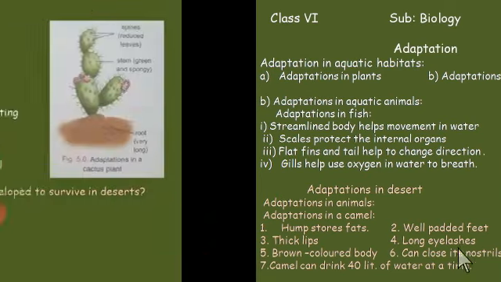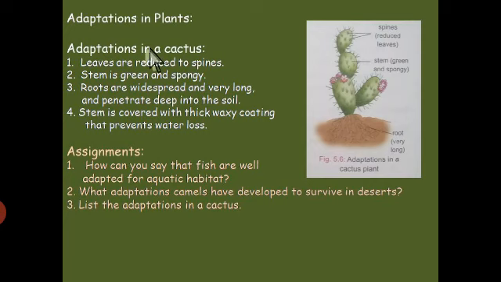Now let us see what are the adaptations in plants. To understand adaptations in plants, we have to learn the adaptations in a cactus. Leaves are reduced to spines. Leaves of cactus are changed into spines to avoid the loss of water by transpiration.